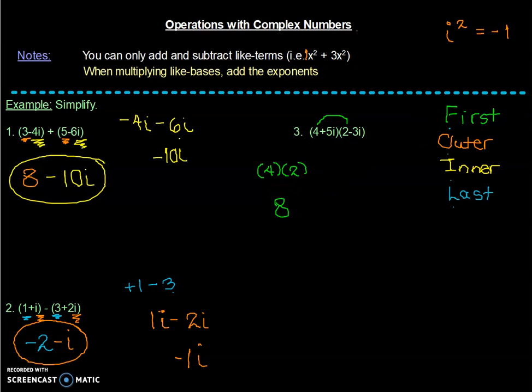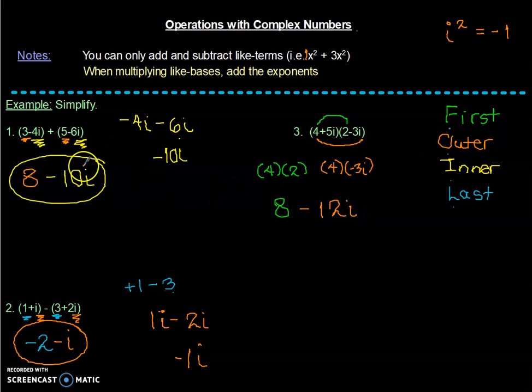Outer would be the two terms on the outside, so 4 and -3i. So if I take 4 and -3i, 4 times -3, remember, when you're multiplying like bases, you add the exponents, but you don't need to have them be like terms in order to multiply them. So 4 times -3 would give me -12, bring down the i.